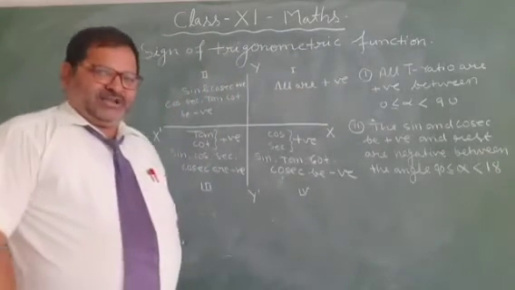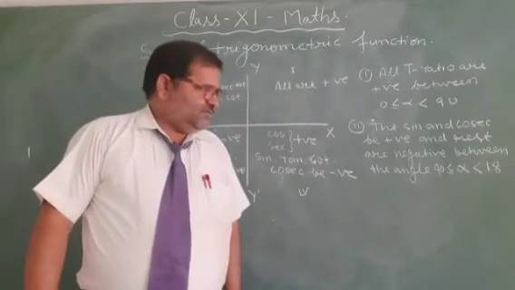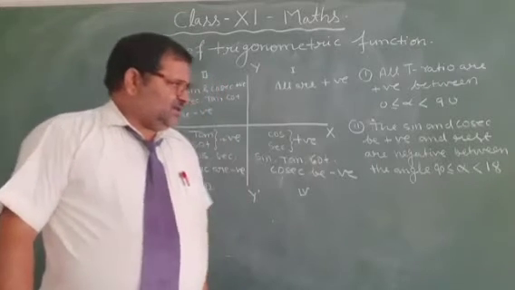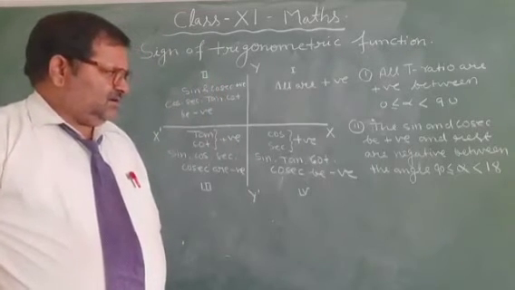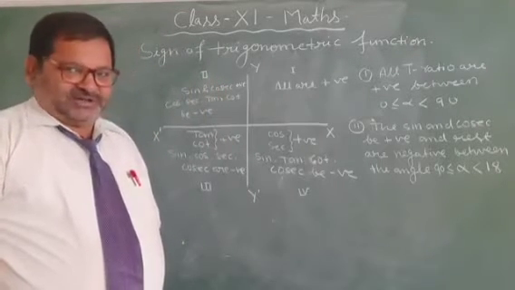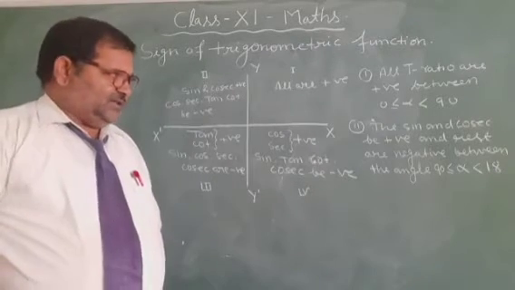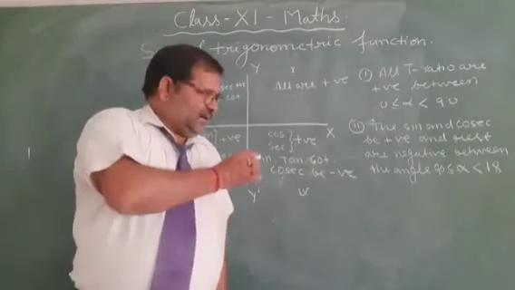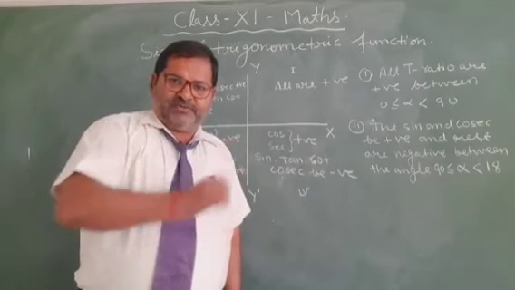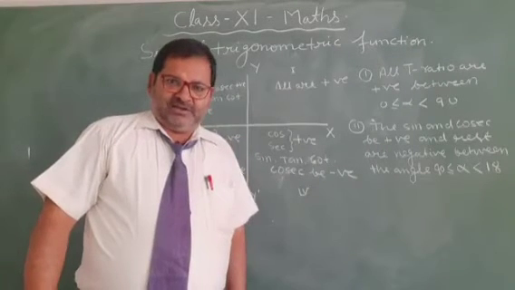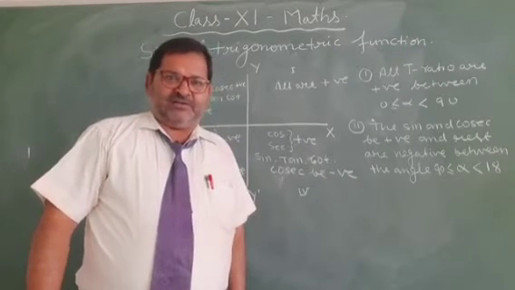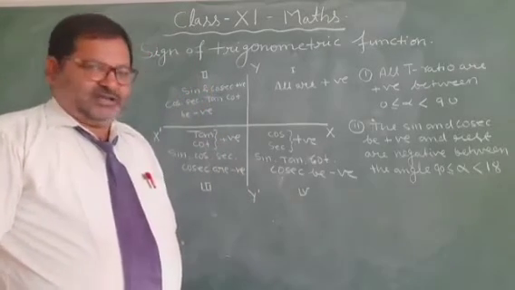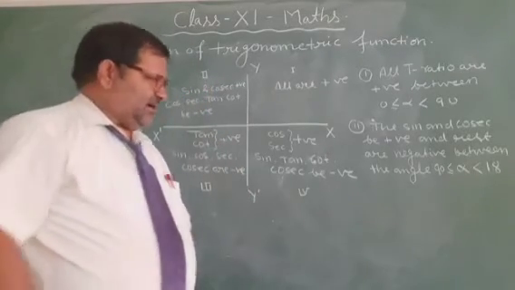The alpha lies between 90 to 180. The sine and cosec be positive and the rest are negative. That angle should lie in the second quadrant.